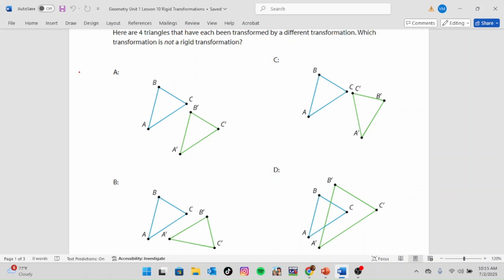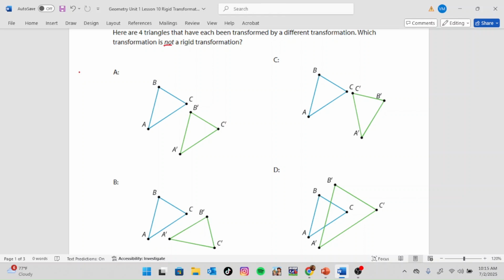So what this means is we have A, B, C, and D. The blue triangles are the original, and the green triangles are the images. So we're trying to figure out which one of them is not a rigid transformation.